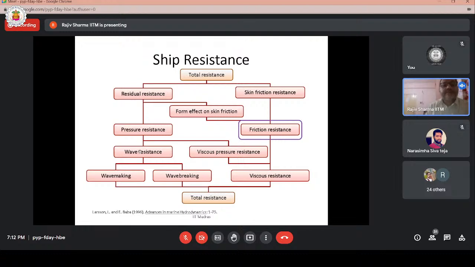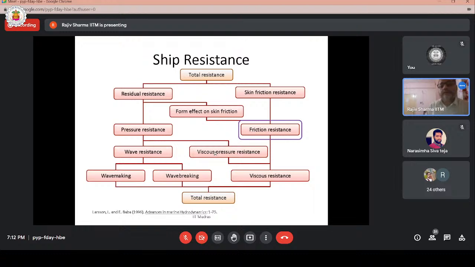That means the wave resistance will dominate, the viscous pressure resistance will dominate. But this will remain in some percentage, and this percentage is significant. This is dependent upon the velocity. This is also dependent on the velocity through Reynolds number.